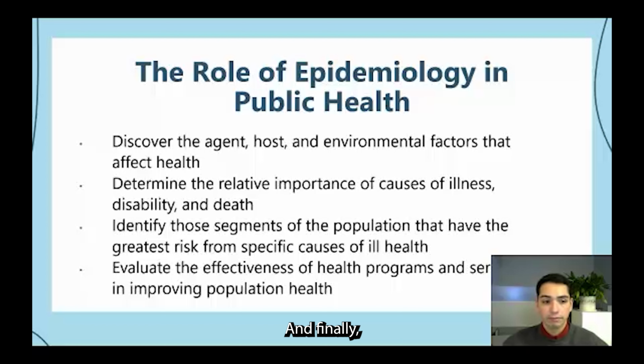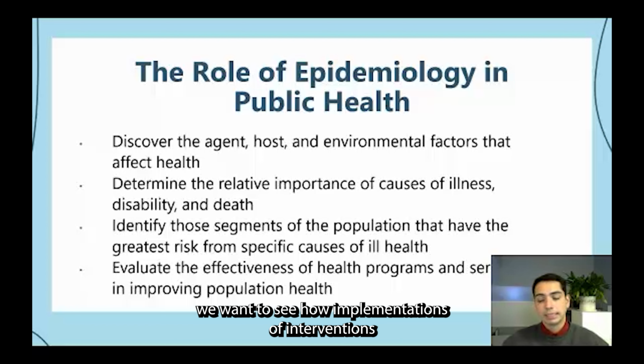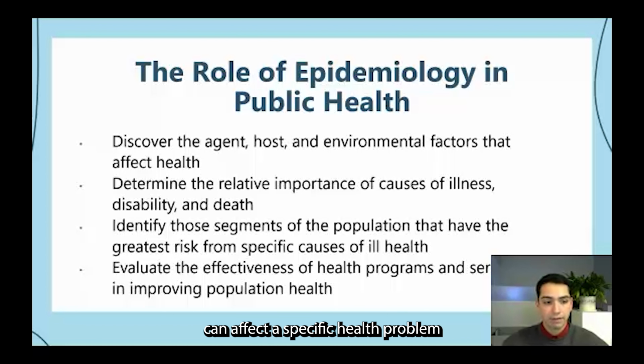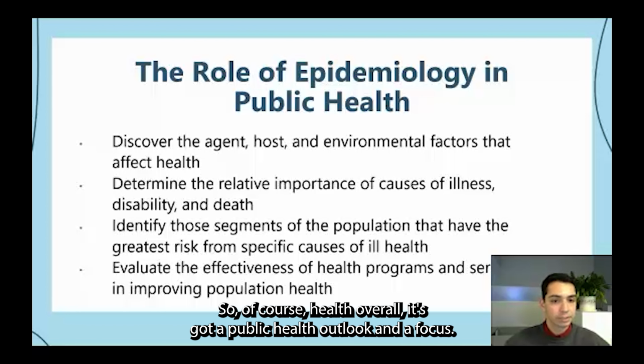And finally, we want to see how implementations of interventions can affect a specific health problem to try and improve health overall. So of course, health overall, it's got a public health outlook and a focus.